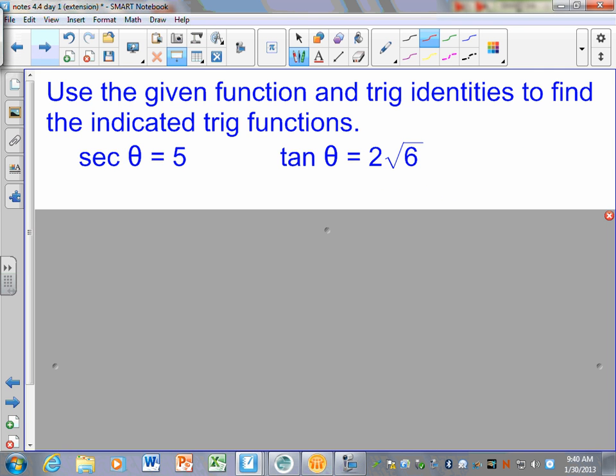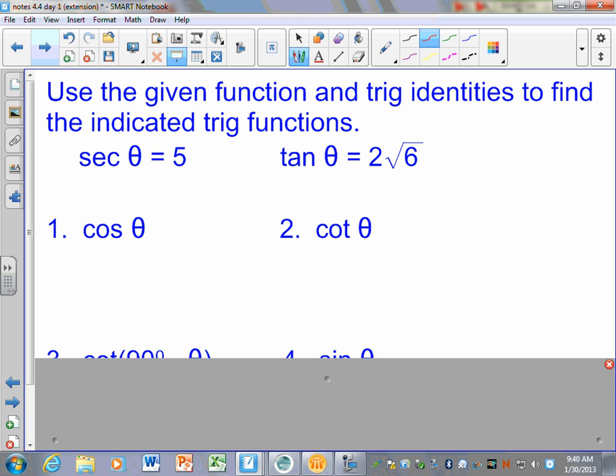It says use the given information or the given function and trig identities to find all the indicated trig functions. Technically speaking, you could probably get around using the trig identities, but I want to show you how the trig identities can help us here. I think I have 4 problems here.